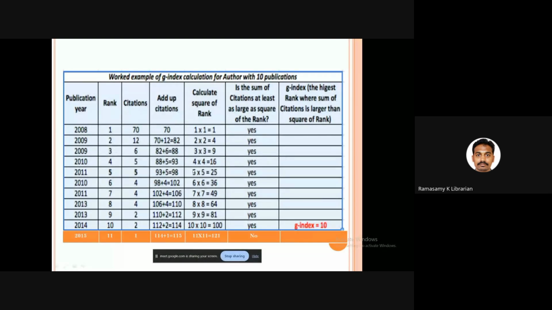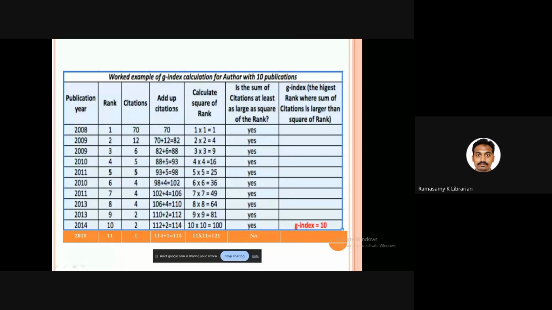Now, I am going to compare these two things, the cumulative citation score and the squared rank. Either both should be equal or citation should be more than the rank. Is there any point where the cumulative citation and the squared rank are equal? They're not equal.